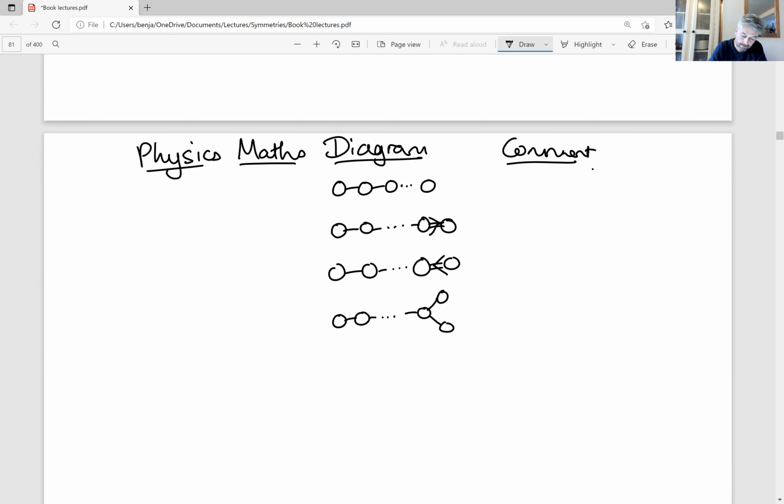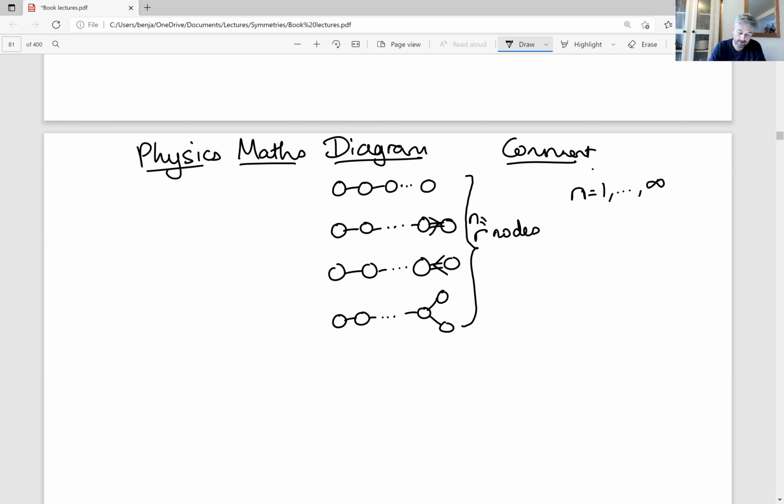Now, the idea is there are R nodes here. Actually, let's call this n equals R. So n goes from 1 up to infinity nodes.